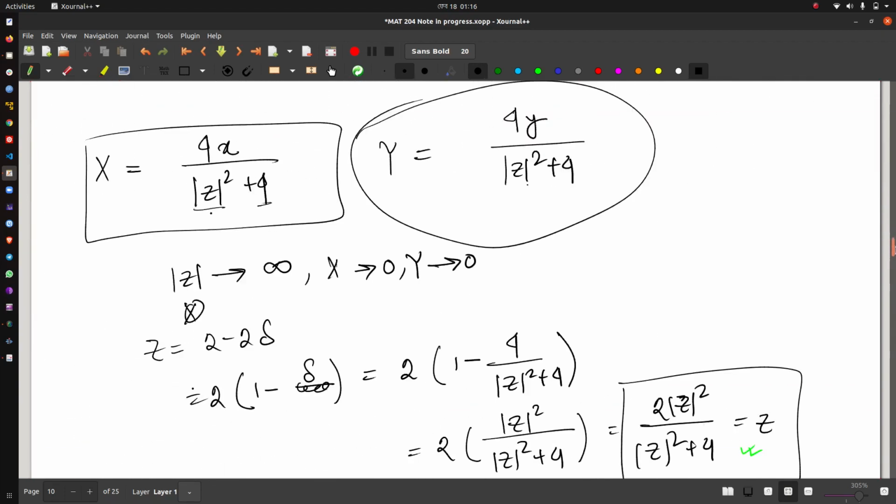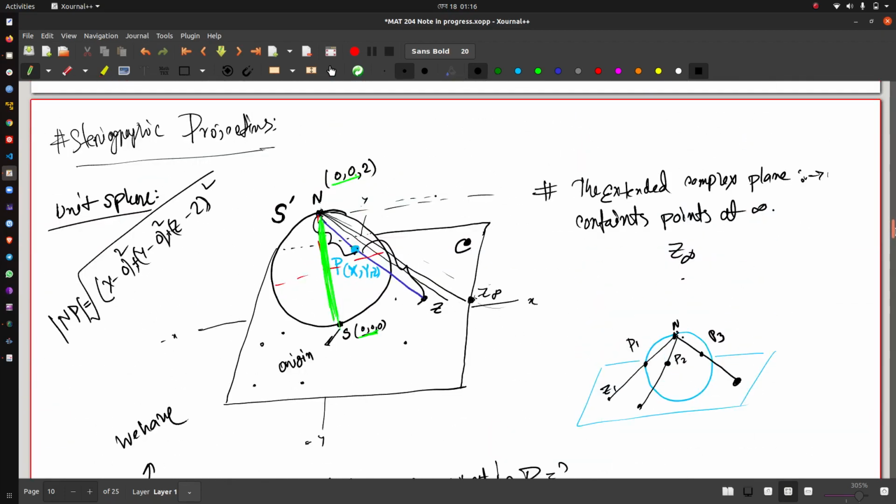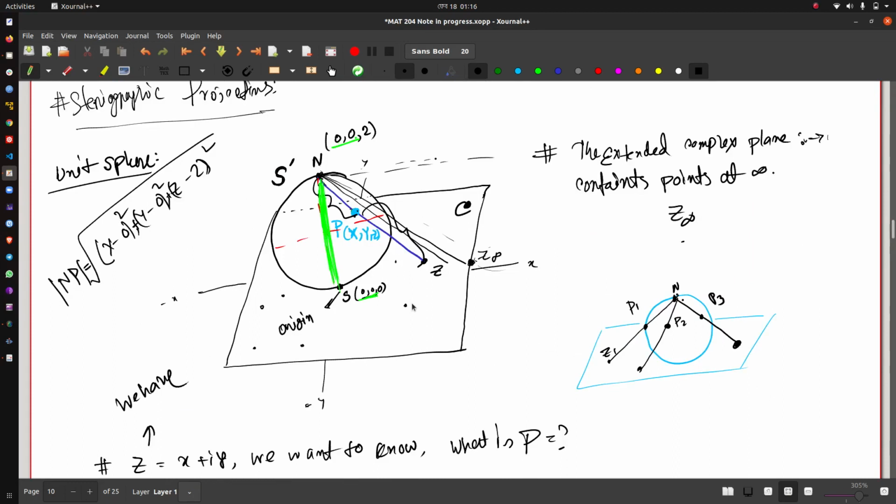And we can also do some interesting things from this stereographic projection, because if you consider a circle like this on the complex plane, it gets mapped onto the Riemann sphere as another circle, something like this.